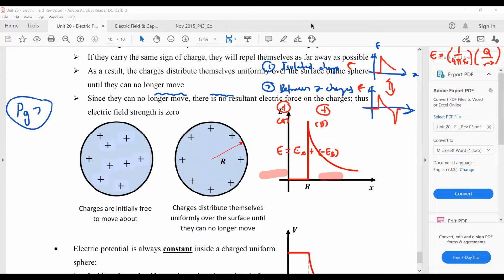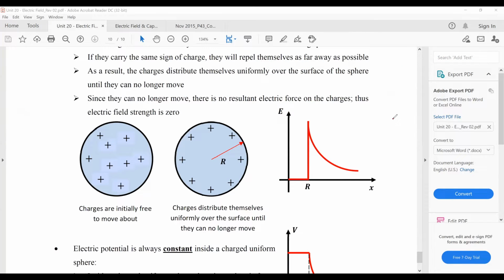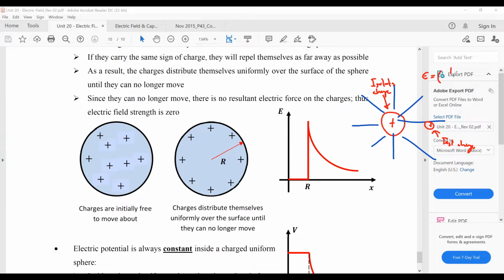So that time what I mentioned to you is that for an isolated charge sphere, if you consider putting a positive test charge to test the field, this one is your isolated charge sphere, and you put a positive test charge here, this one being your test charge. You can straight away say that these are 2 point charges, so E equals 1 over 4 pi epsilon naught, Q over r squared, which will give you this graph.